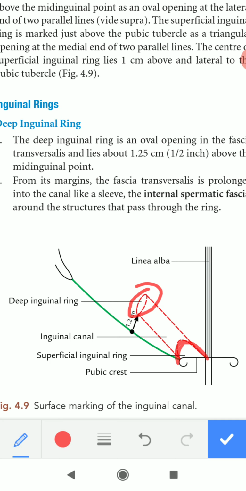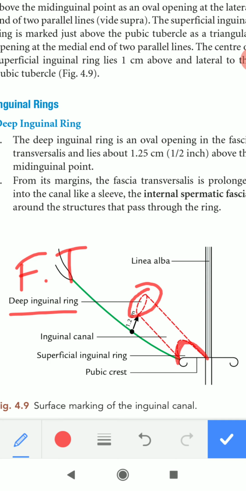Now the next question is where they are located, where we will find these two rings. The deep inguinal ring, the name says its identification. So the deep inguinal ring lies in a deeper layer. It usually lies in the fascia transversalis. That means the sixth layer of the anterior abdominal wall.